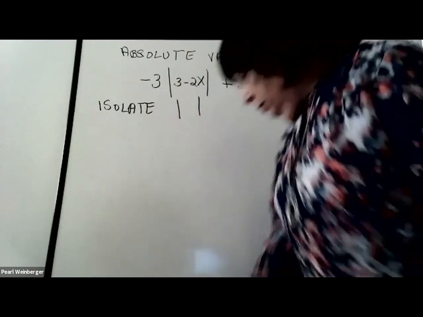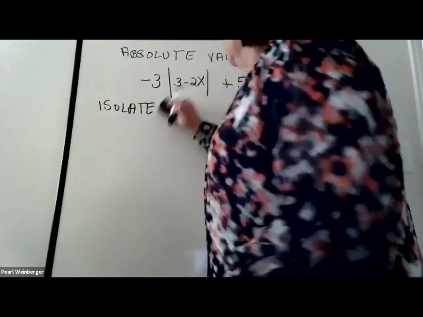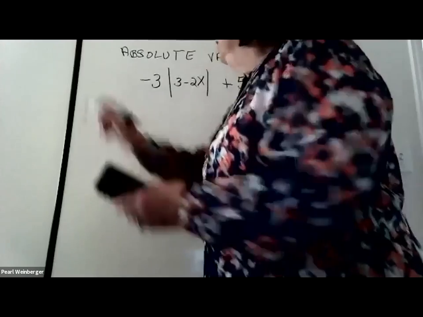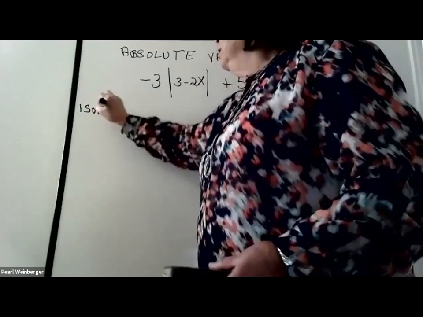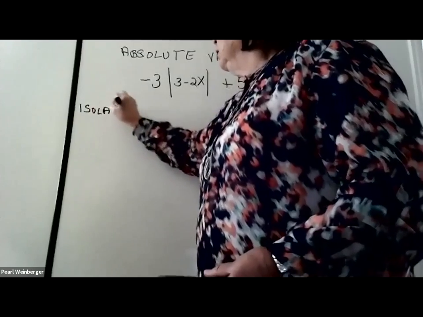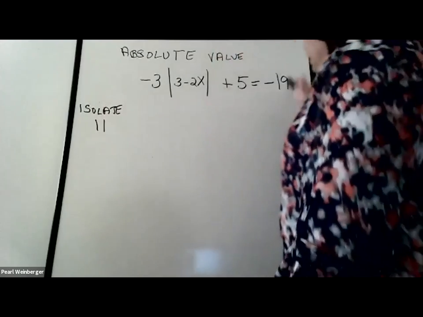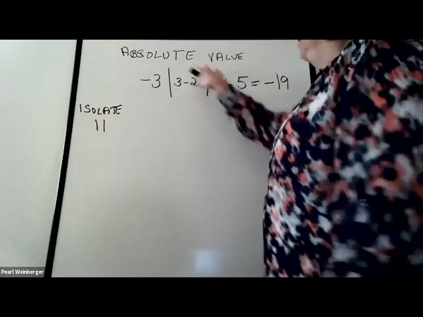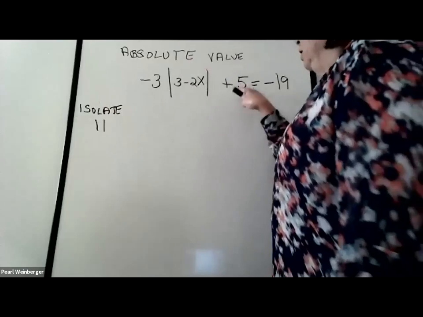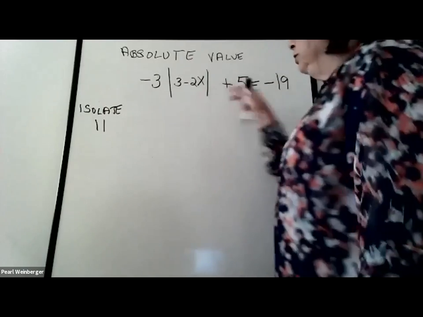Let me put this on the side so that I can work on it. If I look at this, as with any equation, think of this as just a plain x. The first thing you want to do is get rid of anything that's either added or subtracted.